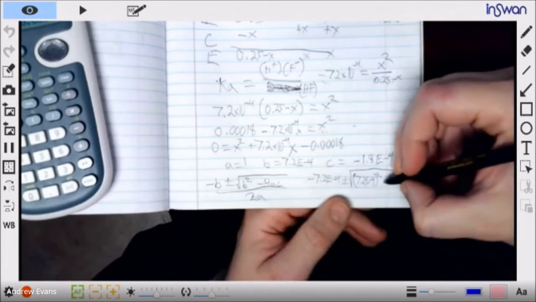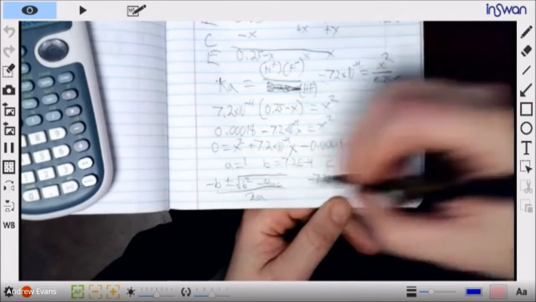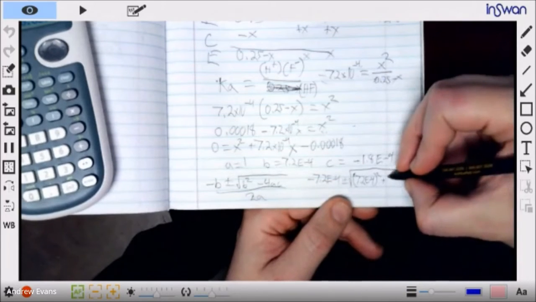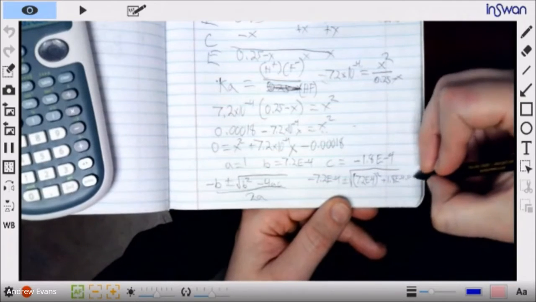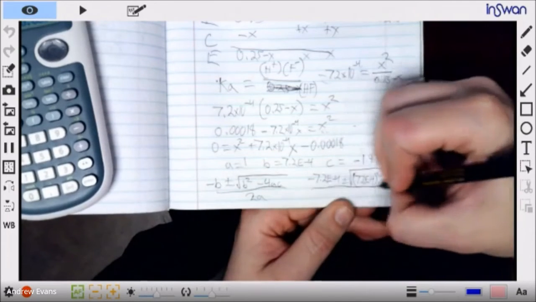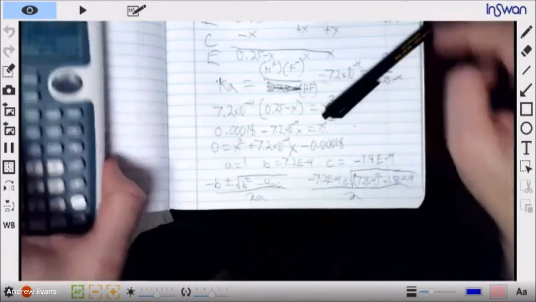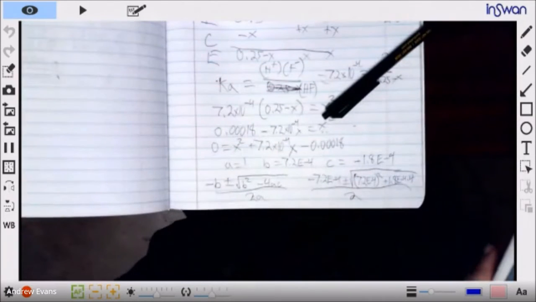Negative times negative makes this positive, so negative 1.8 E negative 4 times 4, all over 2. So let's evaluate everything within that square root.